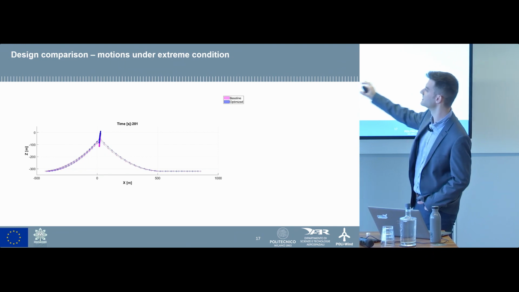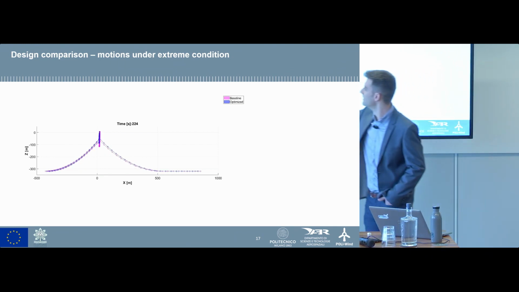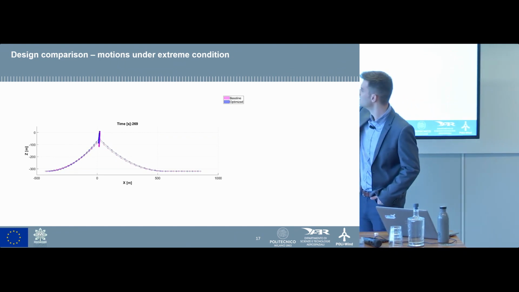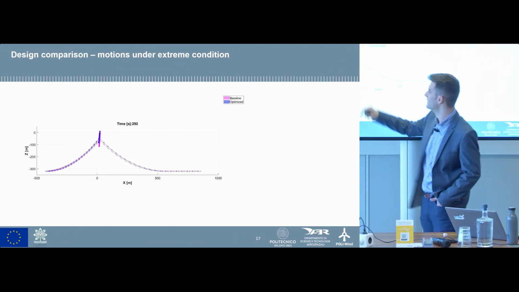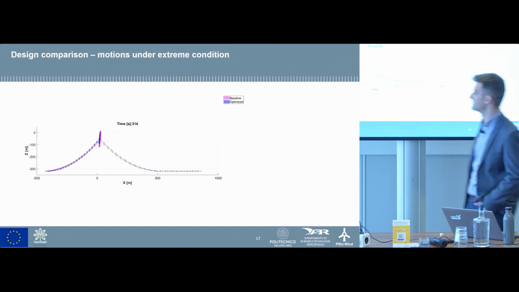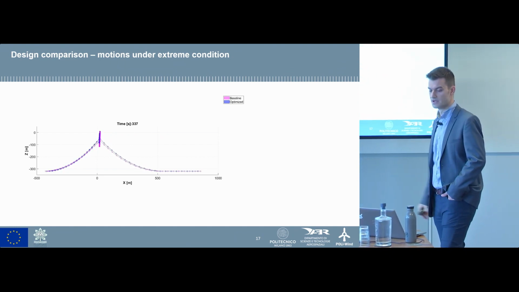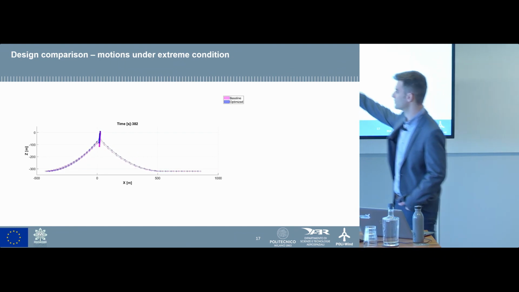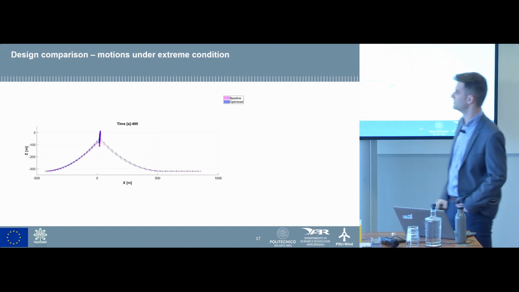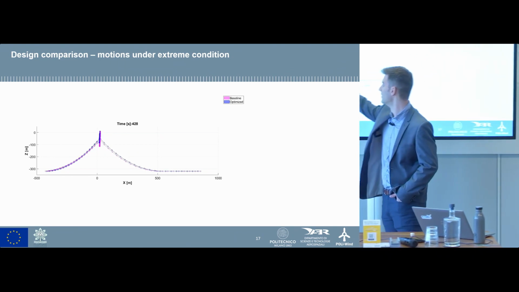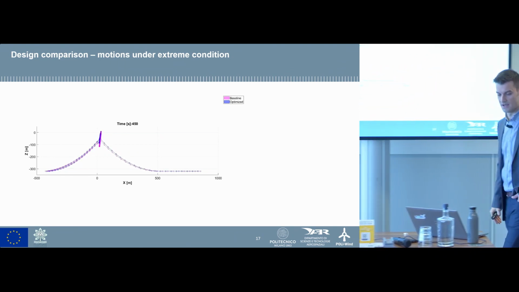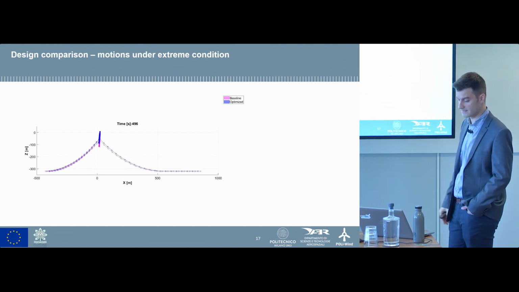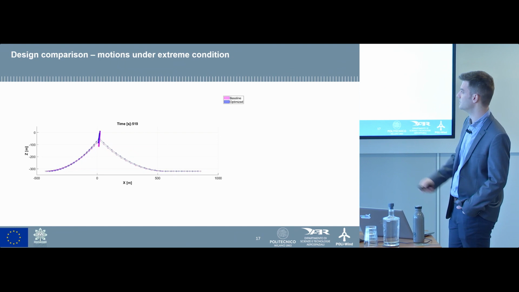Here the scale is a bit big to distinguish the differences between the designs, but you can see that the magenta design, the baseline design, is always a bit downstream compared to the optimized design. And we are looking at the vertical plane, as you can imagine, so this is a projected line. All the mooring lines have the same length, just 120 degrees apart.